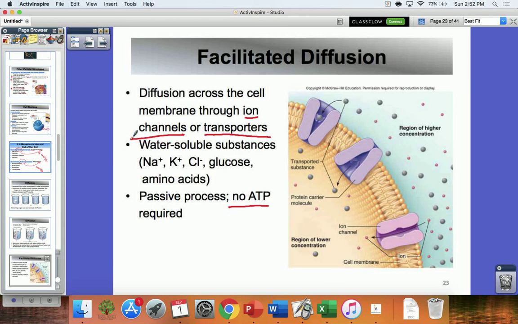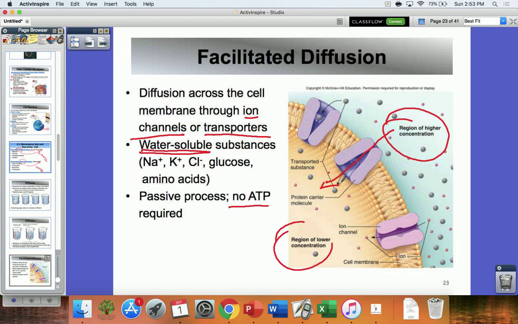Remember, earlier we said that the cell membrane does not allow water-soluble substances. And so in order for them to pass, we have channels that are embedded into the cell membrane that will allow them to cross from, again, regions of high concentration to regions of lower concentration with the help of carrier proteins.